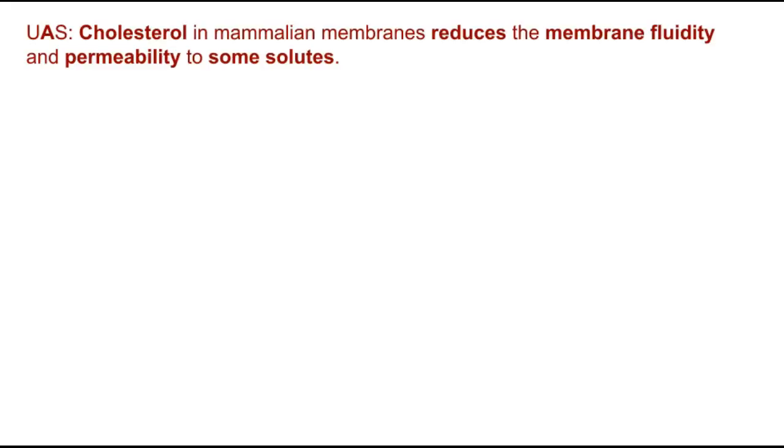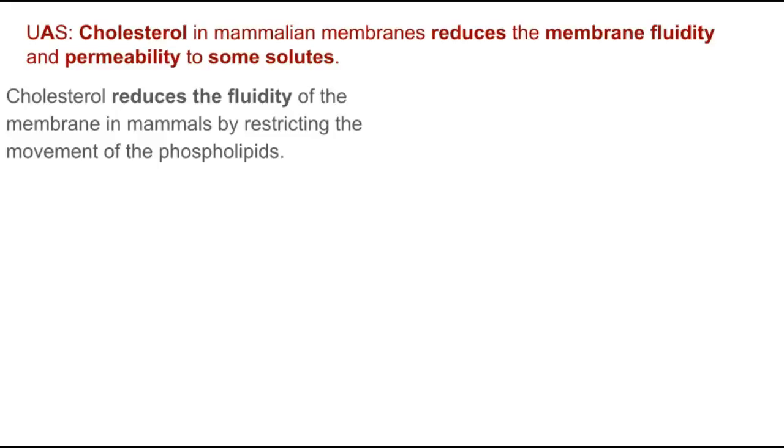Okay, cholesterol in mammalian membranes reduces the membrane fluidity and permeability to some solutes. So remember, solutes are those dissolved substances in an aqueous solution. Cholesterol reduces the fluidity of membranes in mammals by restricting the movement of the phospholipids.